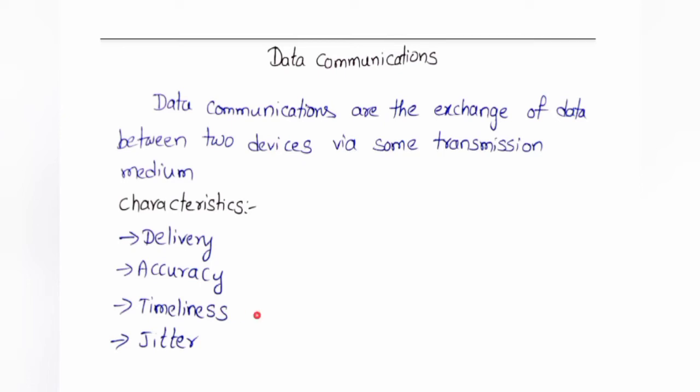The next one is timeliness. The system must deliver the data in a timely manner. If the data is delivered late, then it is useless. The best example for this is live transmission, that is, real-time transmission. In YouTube live or TV transmission, the data must be transferred properly.